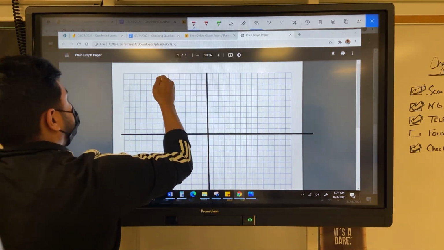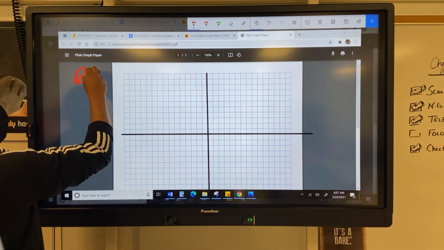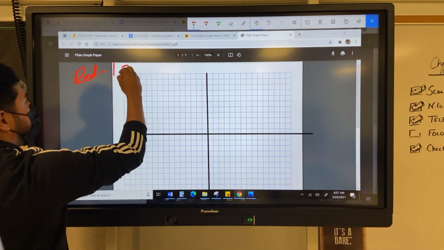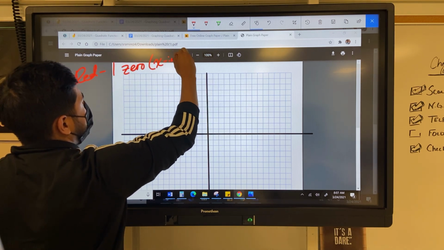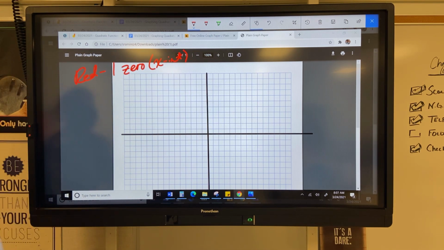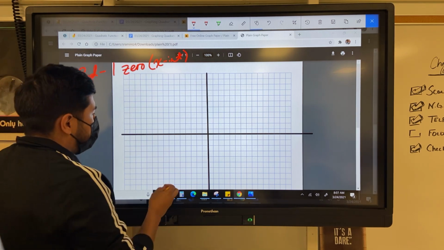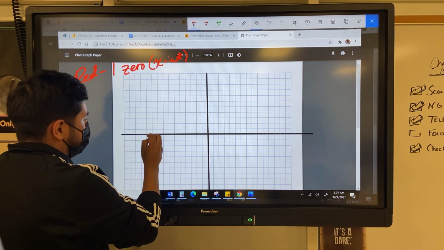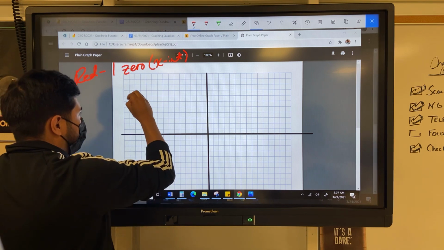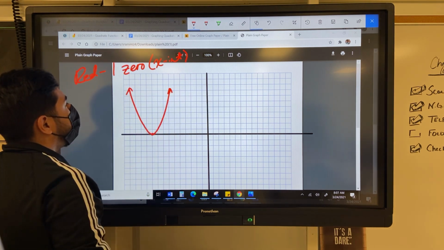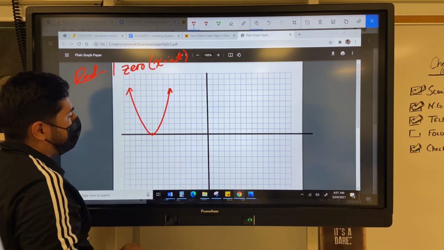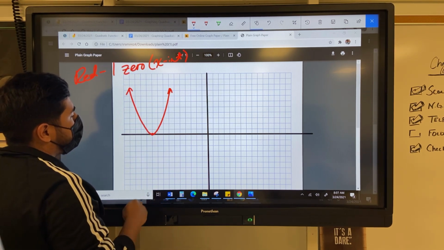So the red is for 1, 0, or X-intercept, because I just mentioned that vocabulary. So red is going to be for 1, 0. So let's say our parabola touches right here. It's only touching one time. Okay? That one time, that is my X-intercept, my 0.